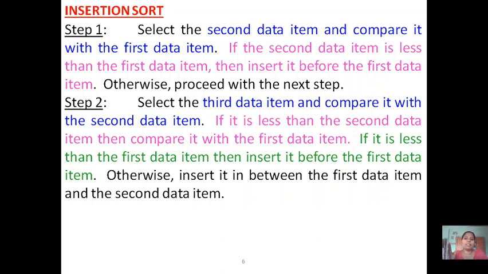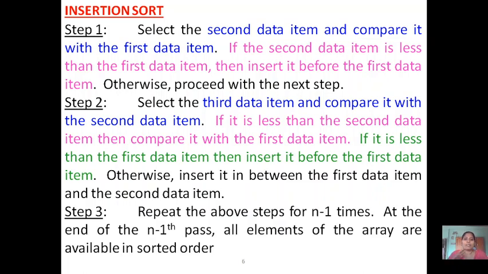If the third element is less than the second, move it. If it is less than the first data item, again it will be moved. Otherwise it will be inserted between the first and second data elements. These procedures will be repeated n-1 times. At the end of the n-1th pass, all the elements of the array are in sorted order.